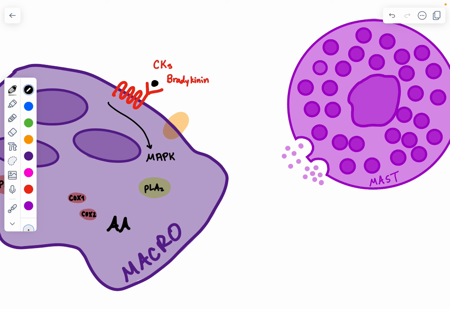This MAP kinase will activate and phosphorylate phospholipase A2. Additionally, a secondary activator, in this case calcium, will be transported by calcium channels and will also activate phospholipase A2.